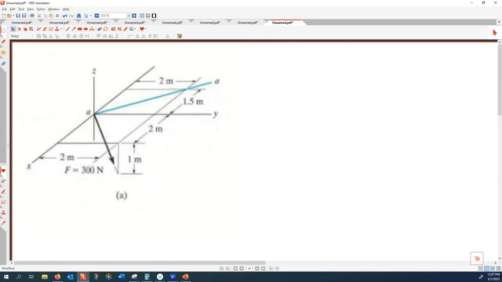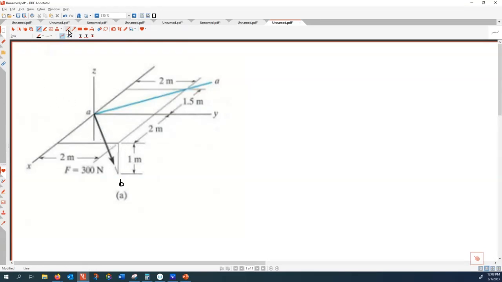So how do I write F? First I need a unit vector for F. So I label this point as A, B, right? So we want to go from A to B.